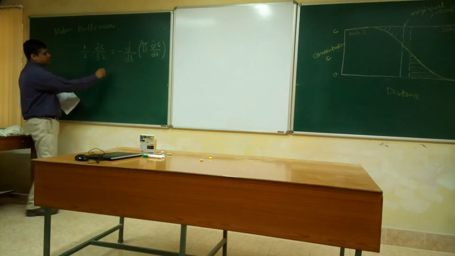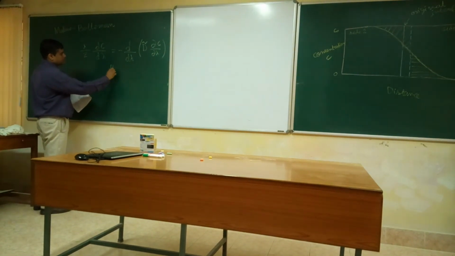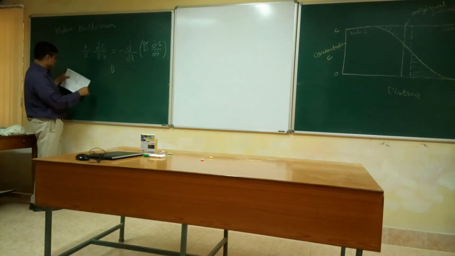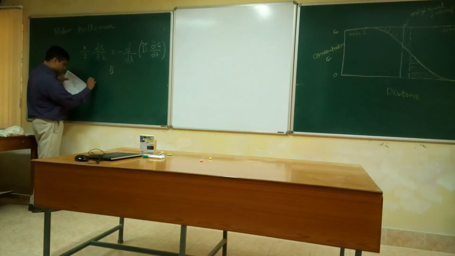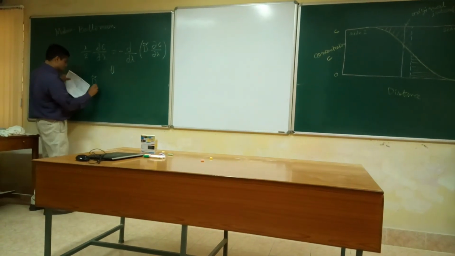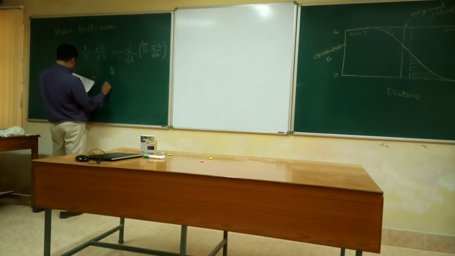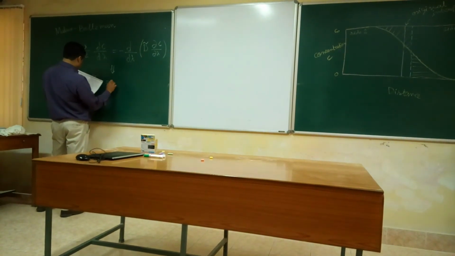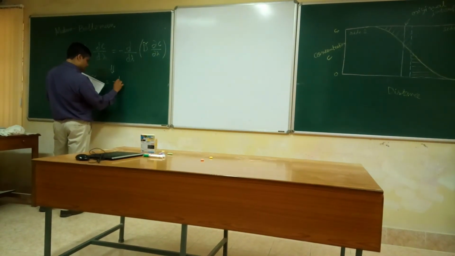And from this equation, you just rearrange the things to take D in one side, which should be equal to minus half.